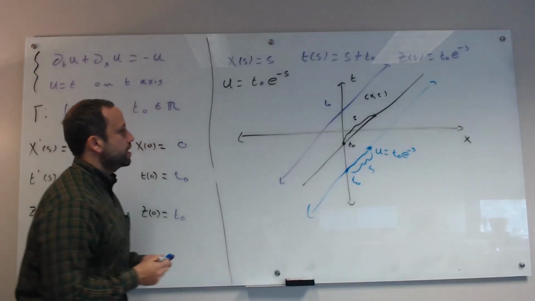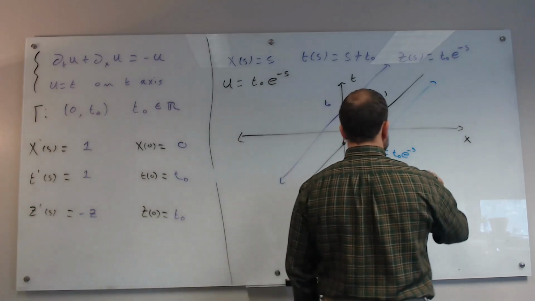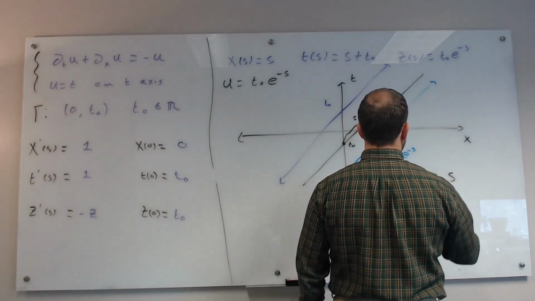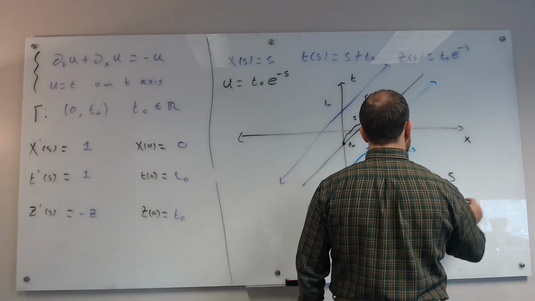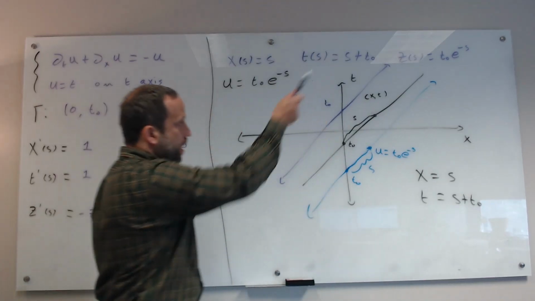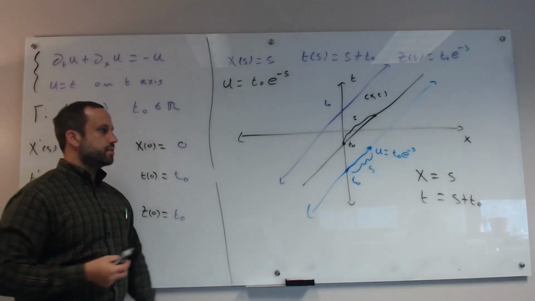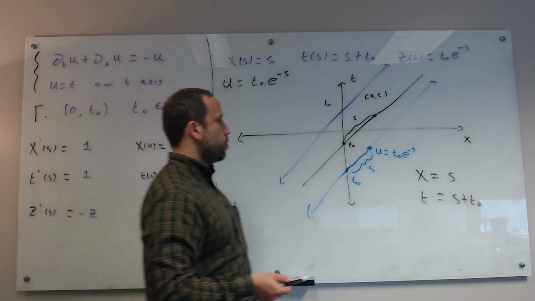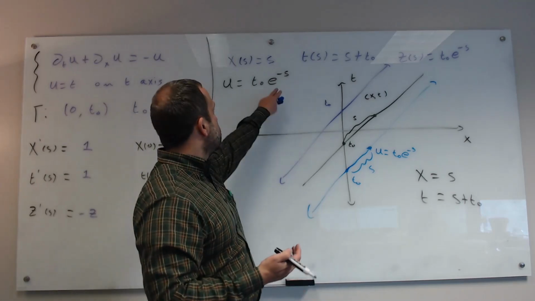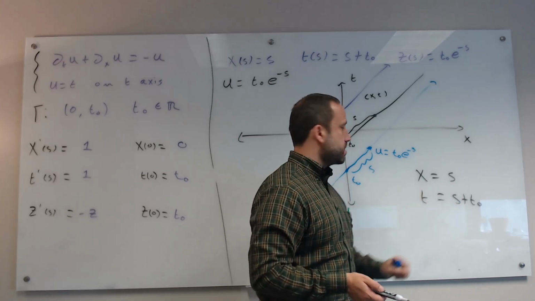But algebraically, the way that I figure out what t naught and s are is I just solve the equations. X is equal to s, and t is equal to s plus t naught. Okay, so again, z here depends on both t naught and s. It's our first one that depends on both t naught and s. Well, so I need to solve this for s and t naught in terms of x and t. S is equal to x, that's pretty clear.